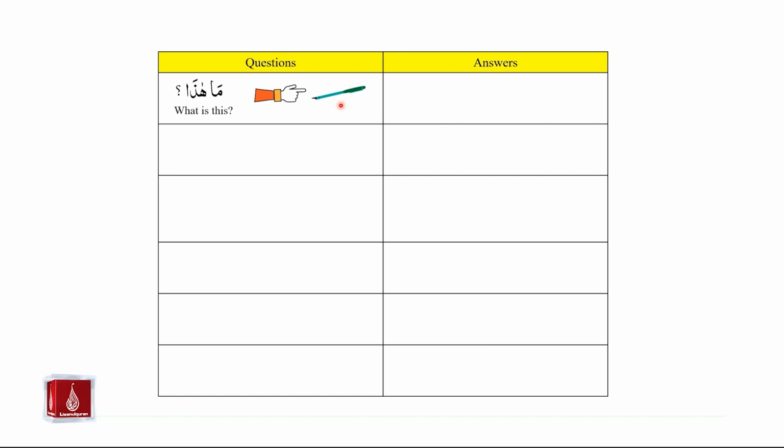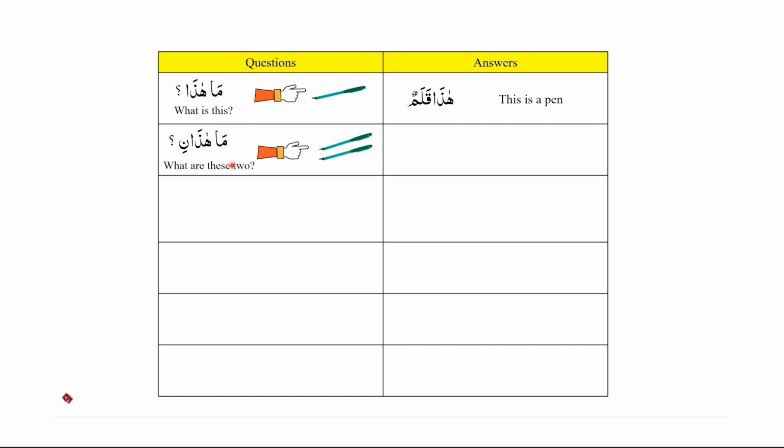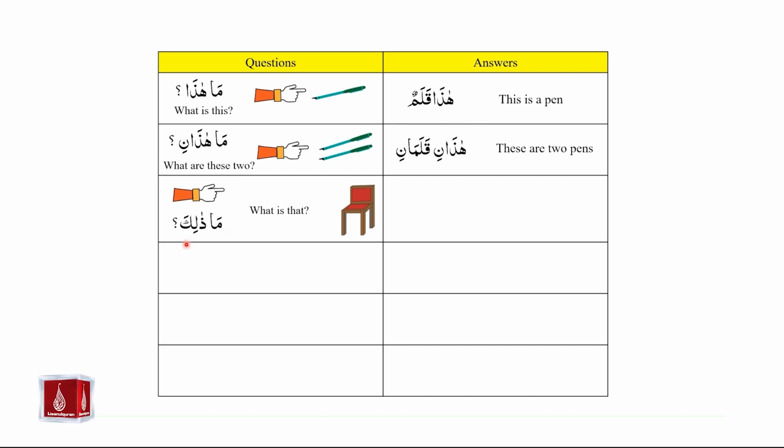What is this? Haza qalamun. This is a pen. Ma hazani. What are these two? Hazani qalamani. These are two pens. Ma zalika. What is that? Zalika kursiyun. That is a chair.